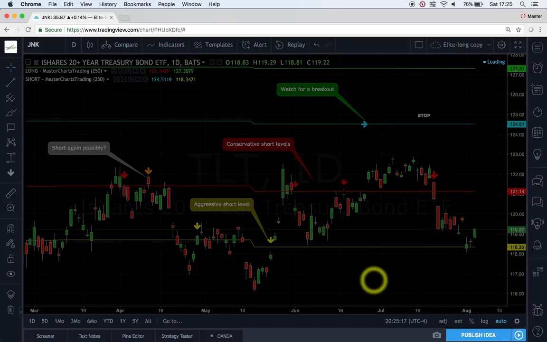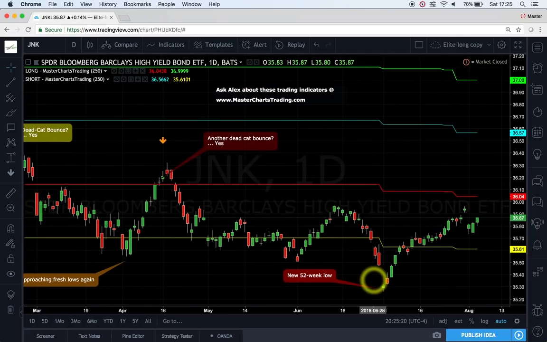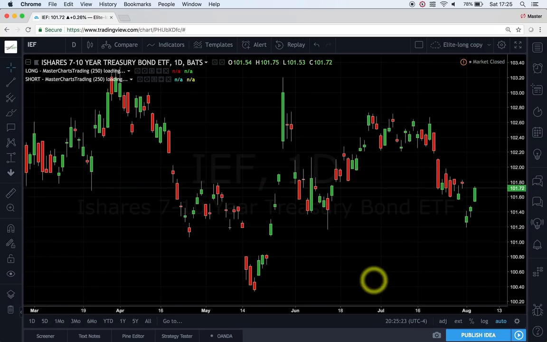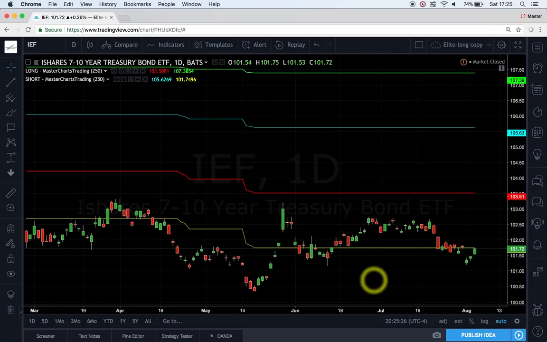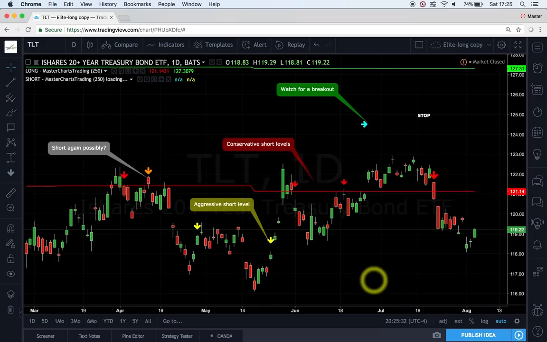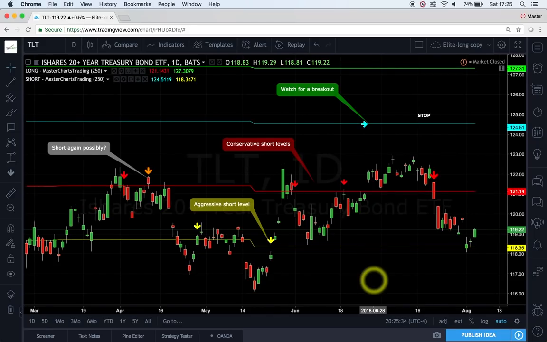Possibly junk bonds are also quite important, but some people like to pay attention to IEF, which is a 10-year treasury bond fund. Me personally, I just like TLT. I think it's more tradable because of its volatility.